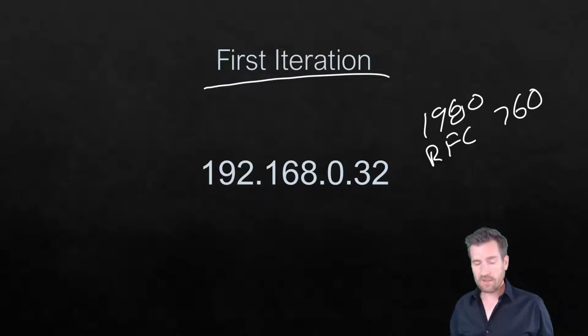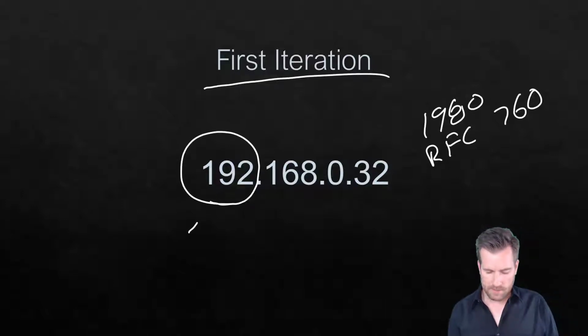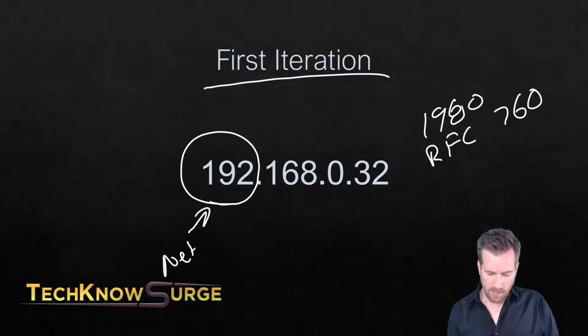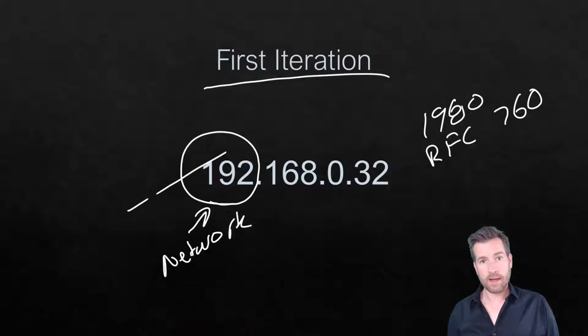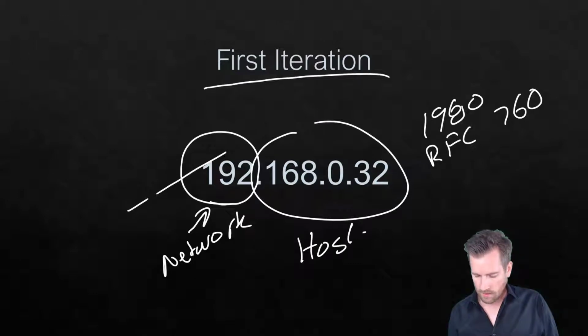And so this RFC 760, when it first came out, specified that the first octet represented the network. And so these were all of the networks right here. And the second part of this represented the hosts.